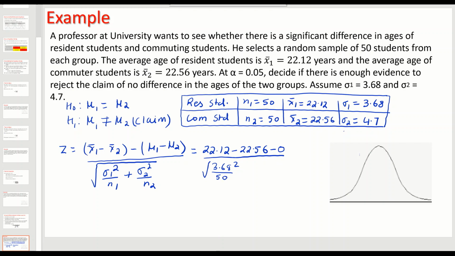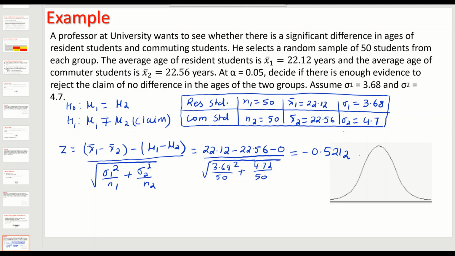The sample size for the first one is 50. Also the sample size for the second one is 50. The second standard deviation is 4.7, squared. All this is inside the square root. If you calculate this using your calculator, your result must be negative 0.5212. Make sure you use your calculator and check this.